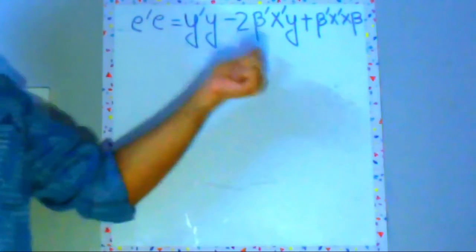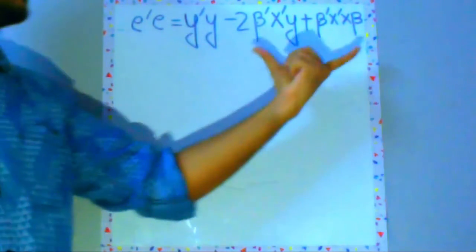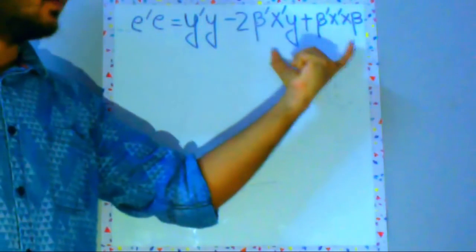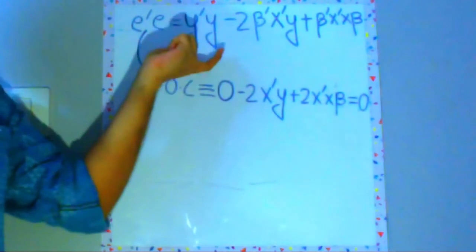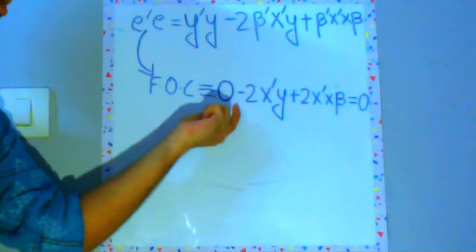Differentiation is done with respect to beta, and this term has no beta. Only these two terms will give you some non-zero quantity. So if you differentiate this quantity with respect to beta to find the first order condition, you will get, if you compare these two expressions, this one had no beta, so it goes to 0.